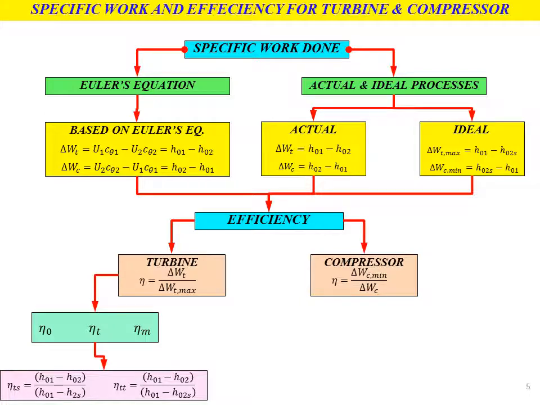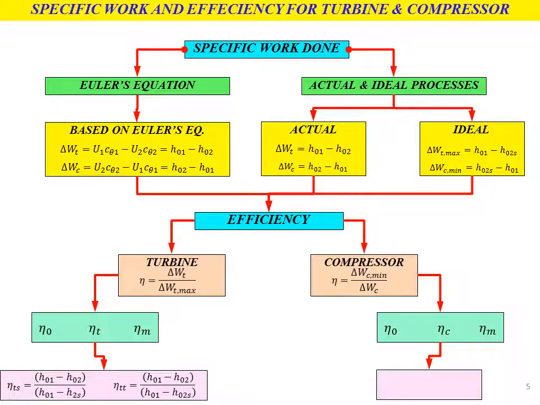Delta Wc minimum is the work input during the ideal process of compression, and Wc is the work input during the actual process of compression. Similar to the turbine, the compressor will have three general efficiencies: overall efficiency, isentropic efficiency of the compressor, and mechanical efficiency.